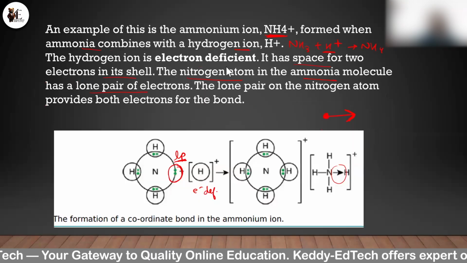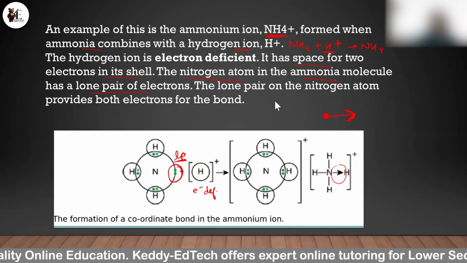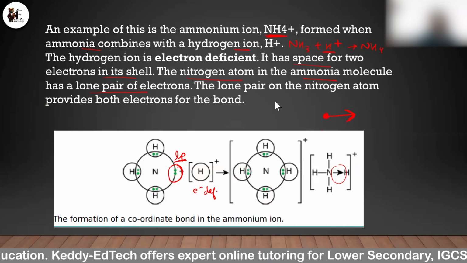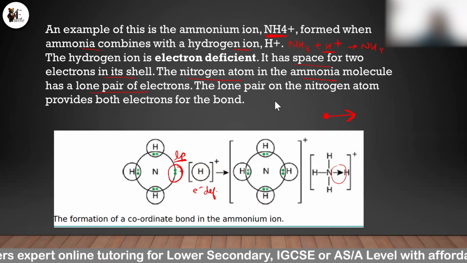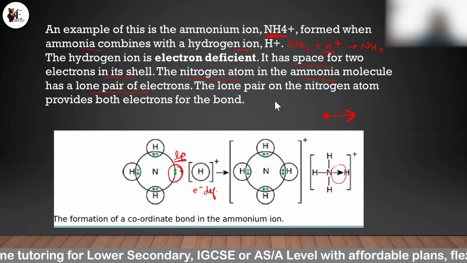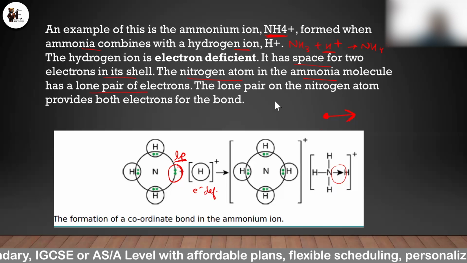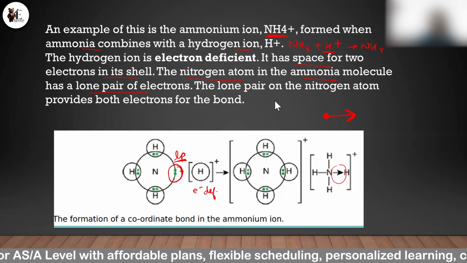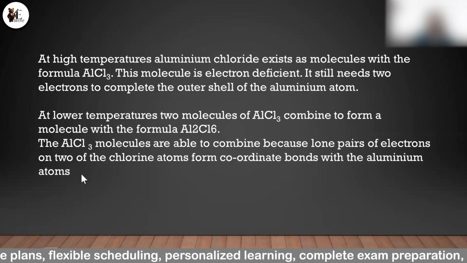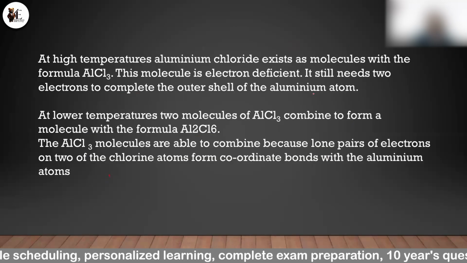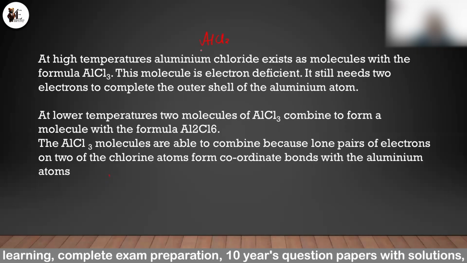Bonding in ammonium ion. Work on AlCl3. You have to show the covalent bonding in aluminium chloride. Basically the formula of aluminium chloride is AlCl3, which is electron deficient.